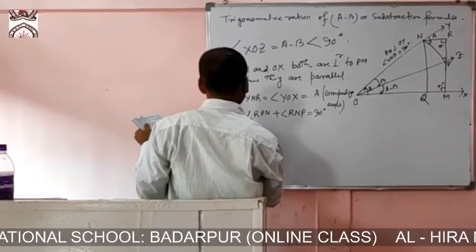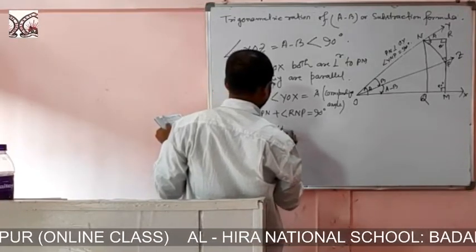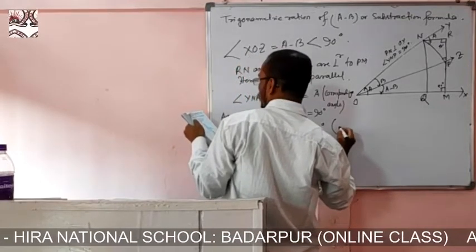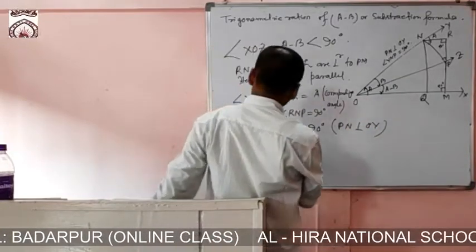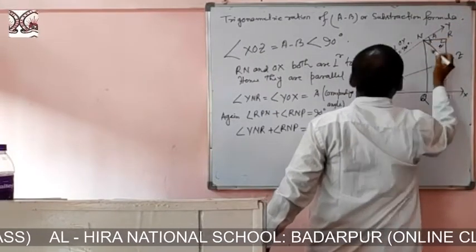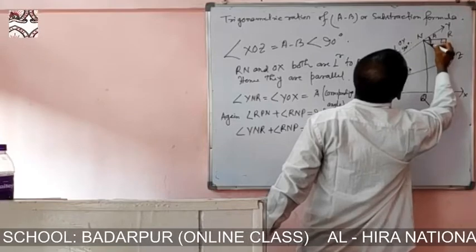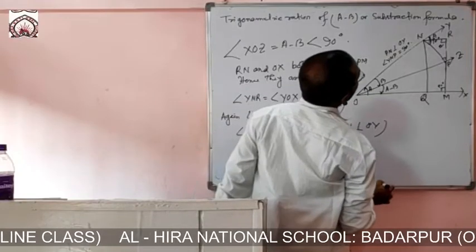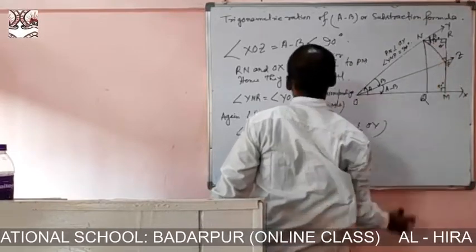And again angle YNR plus angle RNP will be again 90 degrees, as PN is perpendicular to OY. So the total of this angle will be 90 degrees.